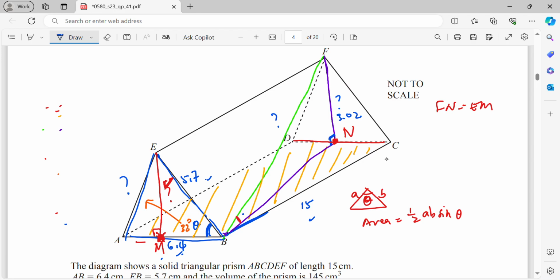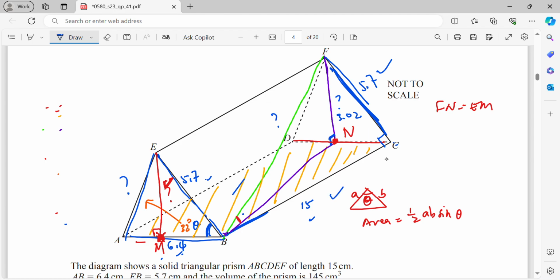We know that BC is 15. So for BF, I can just use the Pythagoras theorem. Here is 5.7, and this is 90 degrees because this is the base. So FB will be the square root of 5.7 squared plus 15 squared.